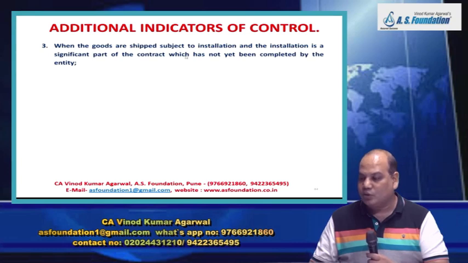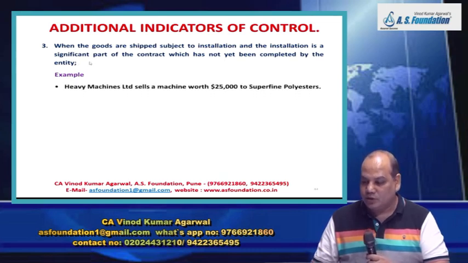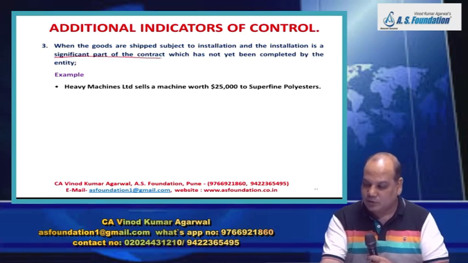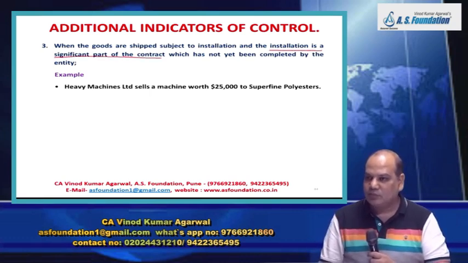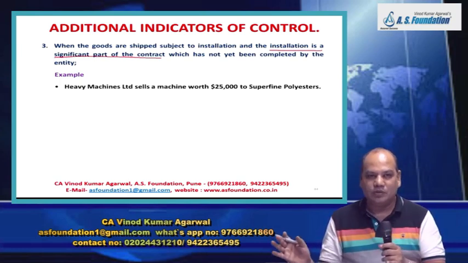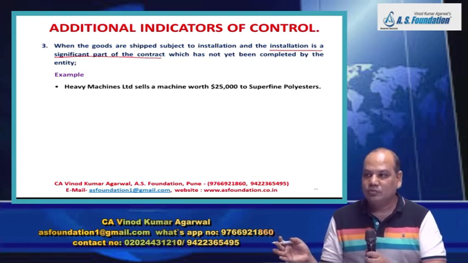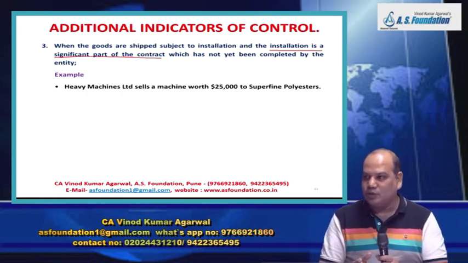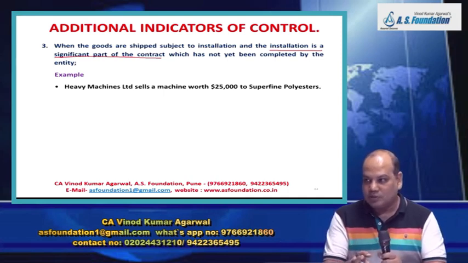Goods are shipped subject to installation, and installation is a significant part of the contract which has not yet been completed by the entity. Will the revenue be recognized? No. But you underline, installation is a significant part of the contract. If it is just routine work, like when you sell a TV, the customer has to take the TV out of the box, plug it and start.